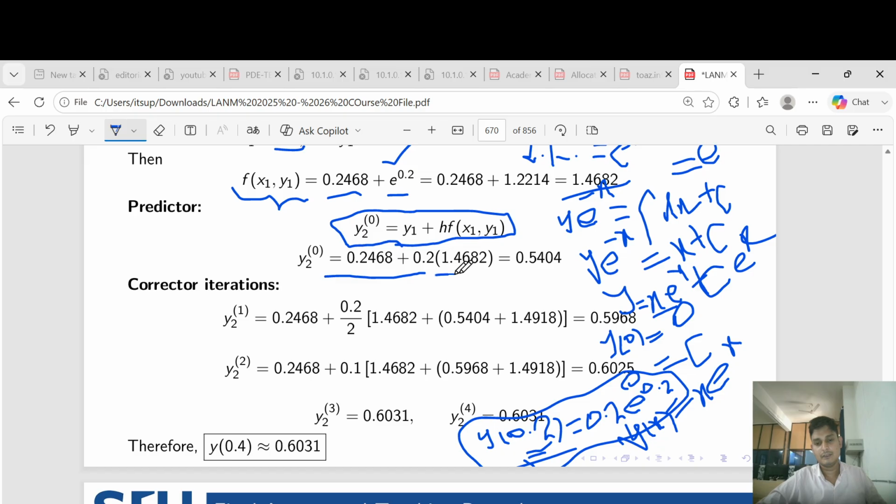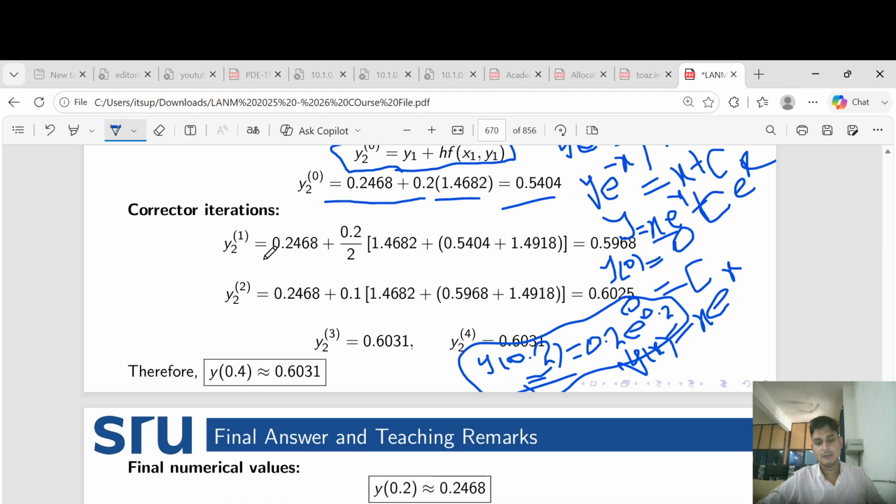So if you check, then you obtain 0.540, and this is 0.2468, 0.2 by 2. So this is 1.4682 and 0.540. You evaluate in a similar manner.